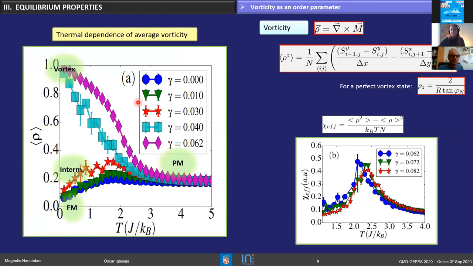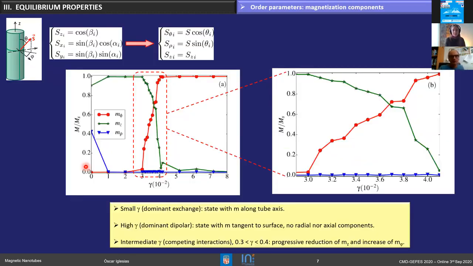We see that when dipole interaction dominates, the vorticity goes to 1, which indicates the formation of vortex states. And when the ferromagnetic interaction dominates and dipole interaction is low, then the vorticity goes to 0. And in between, again, we see intermediate states, the nature of which we're going to characterize in the following.